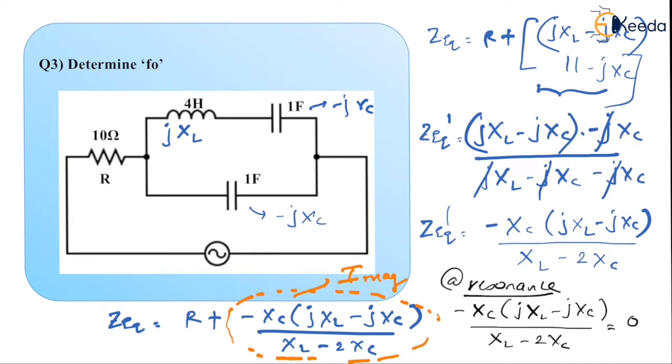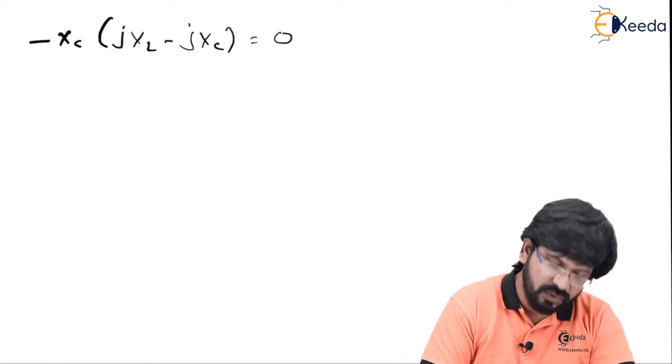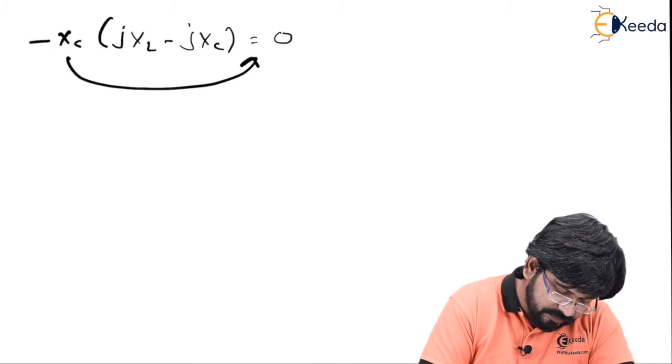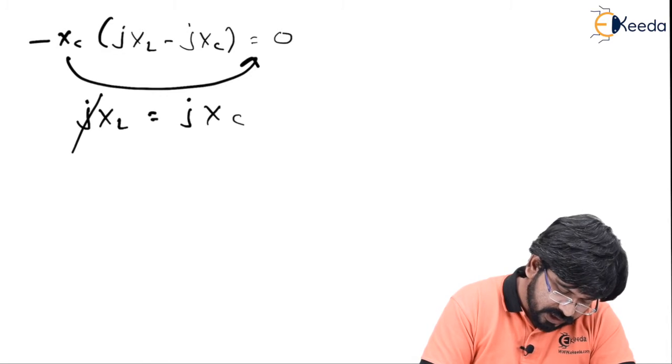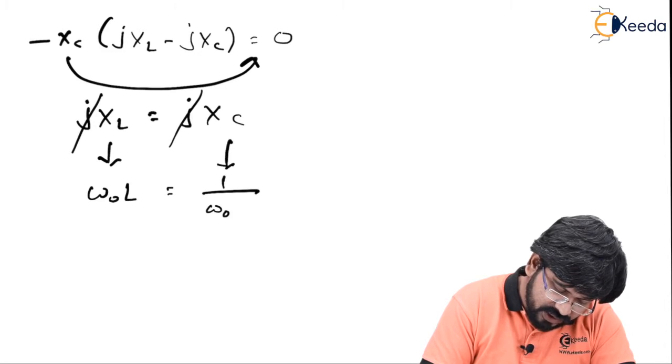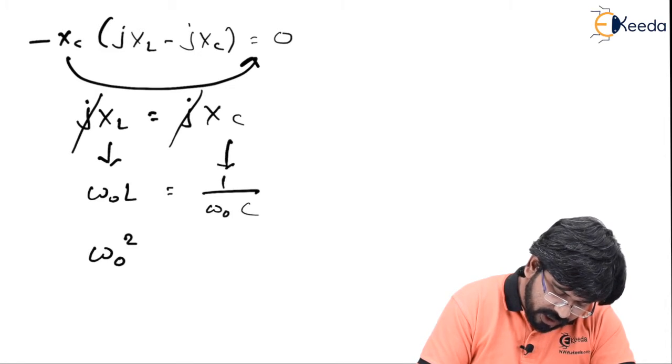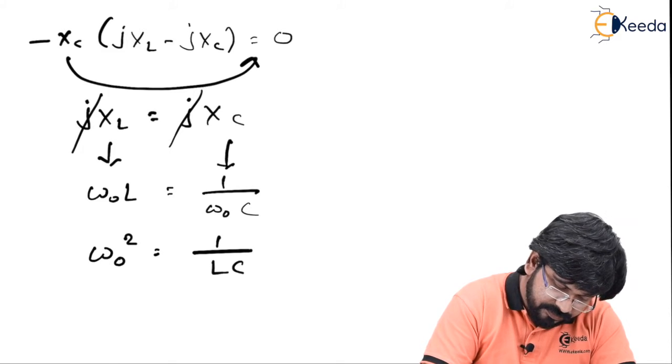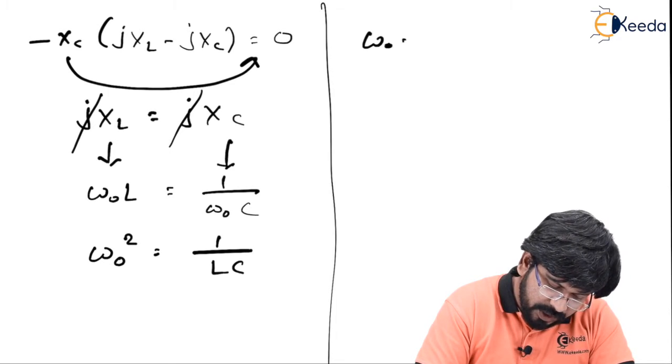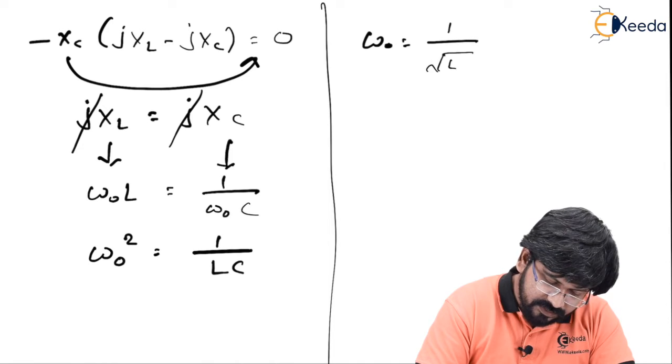I can shift the denominator to the right hand side, and I can straight away make it 0. What is remaining is minus XC into JXL minus JXC equal to 0. Again I can shift it over here, simply JXL equal to JXC. J and J get cancelled. XL is omega naught L, XC is 1 upon omega naught C, or I can say omega naught square is 1 upon LC, or I can write omega naught is 1 upon root LC.